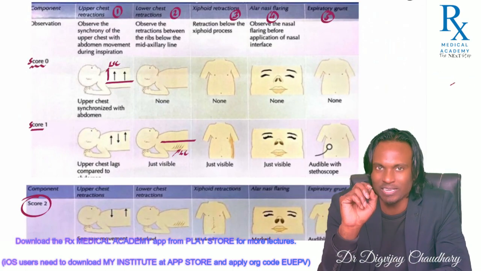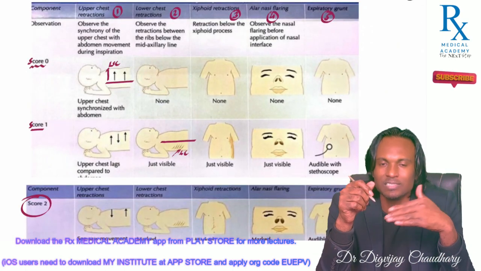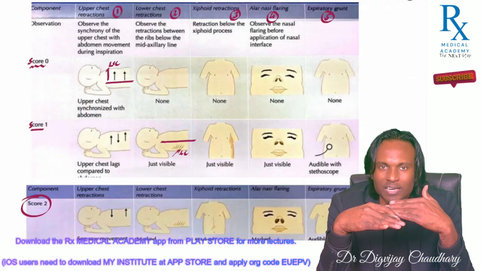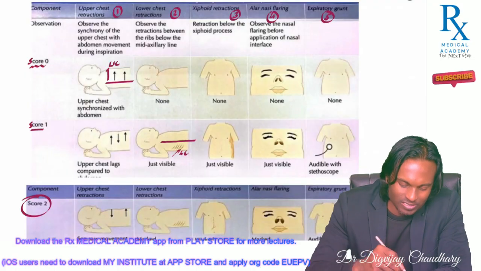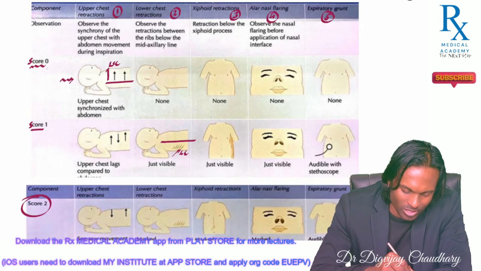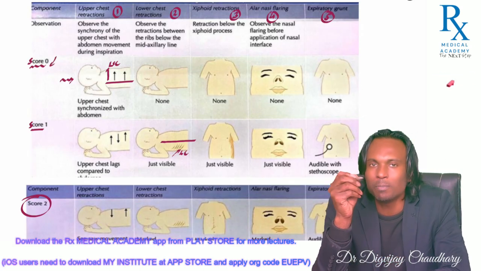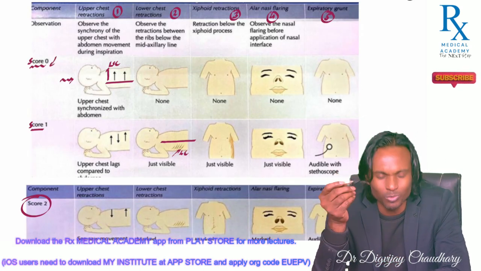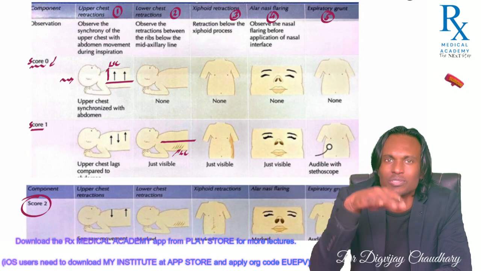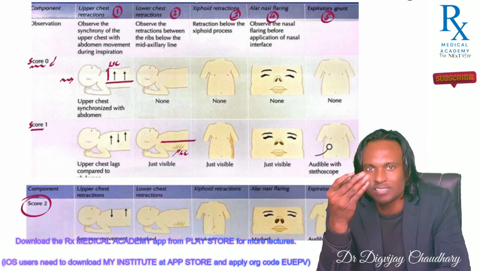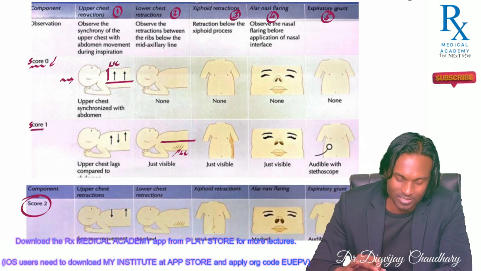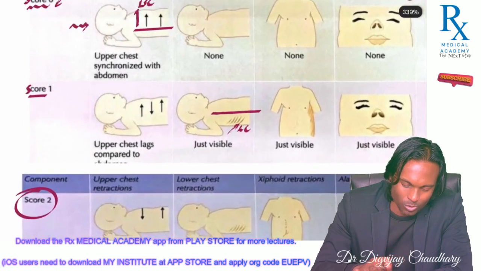So in normal scenarios, during inspiration, there is chest rise and abdomen rise simultaneously. So this is normal. In the first case, you are giving a score of 0 to upper chest retractions because there is no retraction. Both are moving forward, both are rising, chest as well as abdomen. Whereas in the second case, you are giving a score of 1.